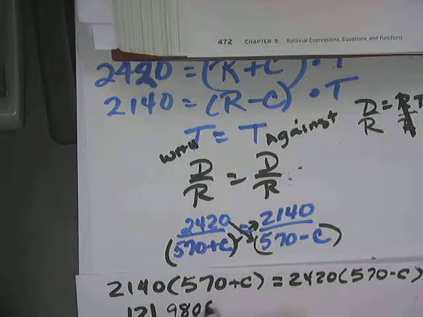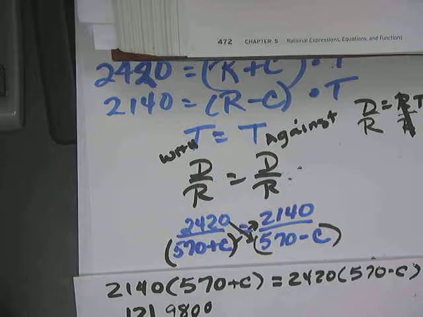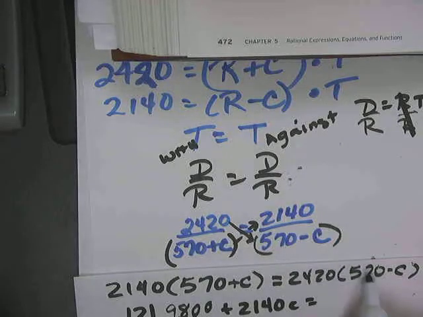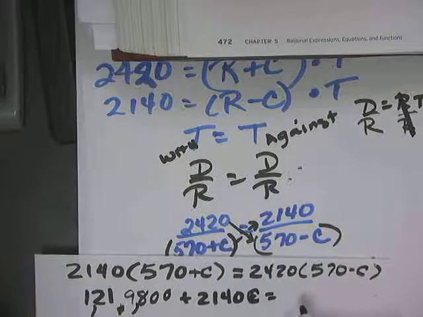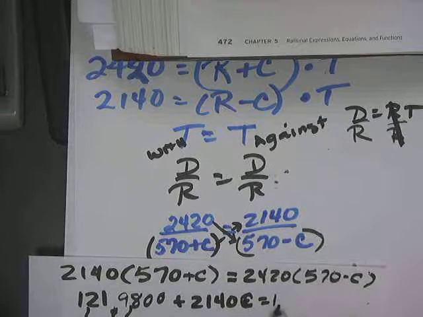Okay? I need some calculators going here. 2140 times 570 is what? Two people do it to make sure we don't make mistakes. 1,219,800.